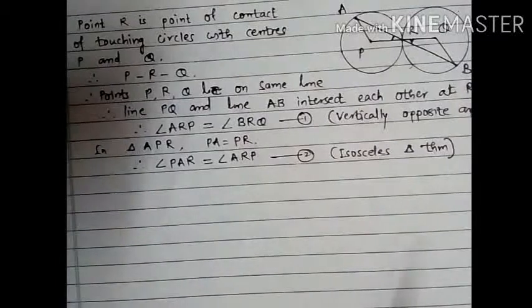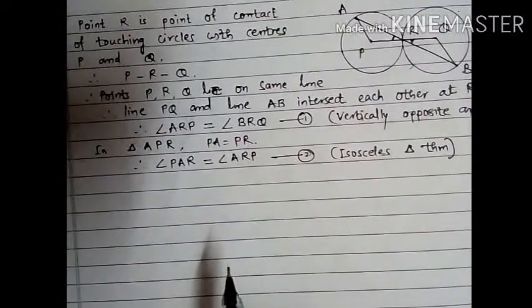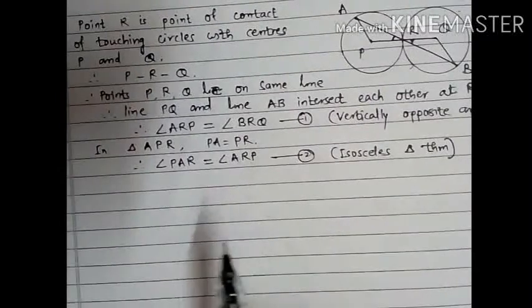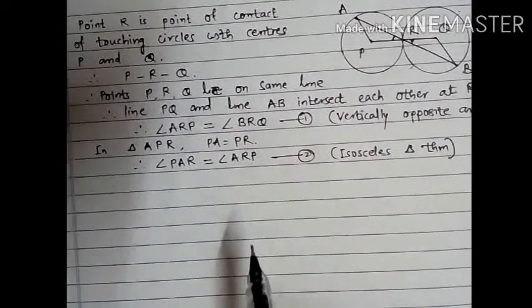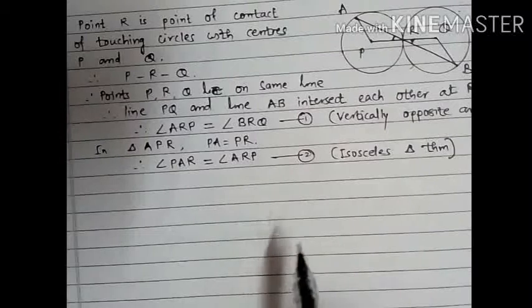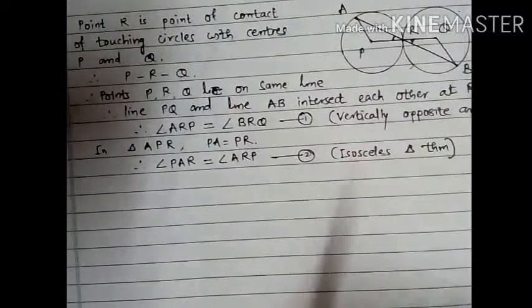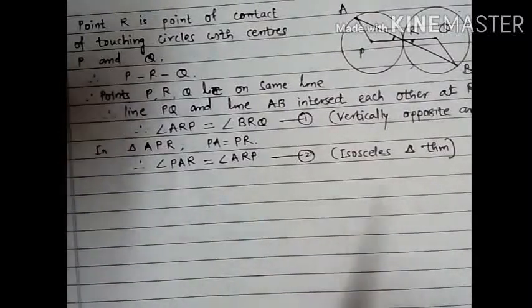Take triangle APR. In triangle APR, PA is equal to PR because they are radii of the same circle. Therefore, by the isosceles triangle theorem, angle PAR is equal to angle ARP. Give this equation number 2. And similarly, apply this property for triangle BQR also.